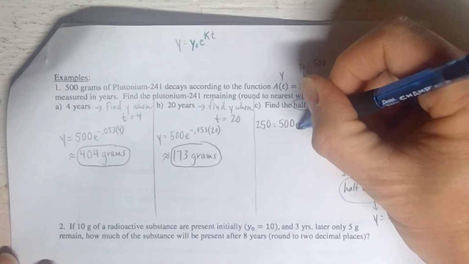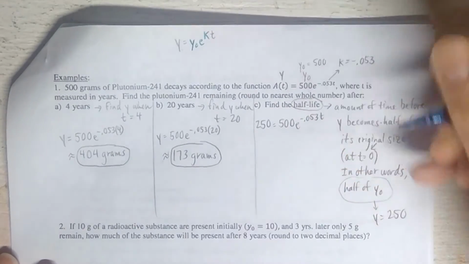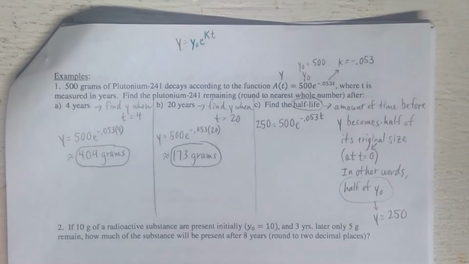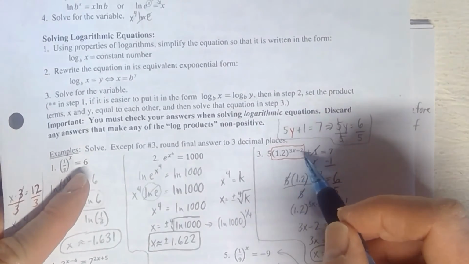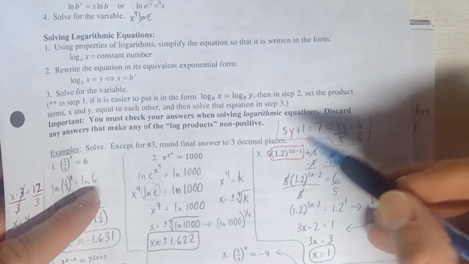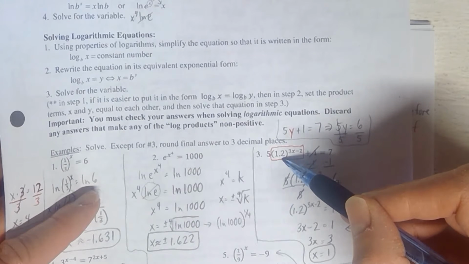This time the t is the variable this time. And so I need to solve for t right there. Okay, t is not by itself. How do we solve for that? Well, we learned about that in the last section, section 4.5. We learned that when you have a variable inside of the exponent, what you first of all do is you get the variable along with its base by itself.